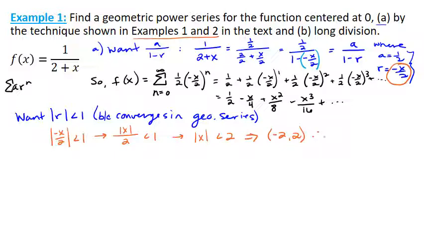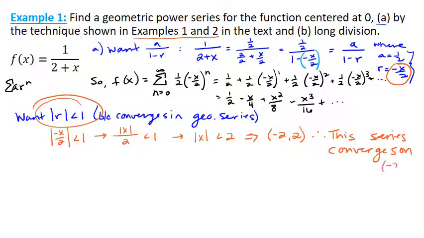And the endpoints are rounded parentheses because of this statement here. Okay, so therefore this series converges on the interval -2 to 2.